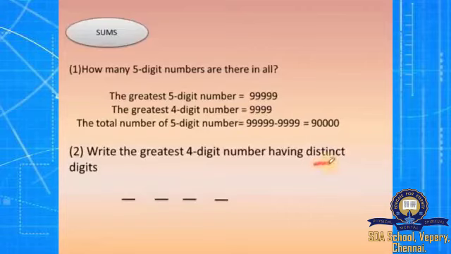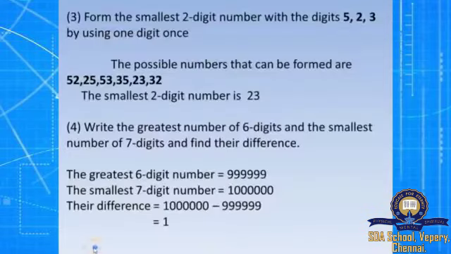It should have distinct digits. Different digits should be there, not the same digit. So the first digit will be 9, and the next digit can be 8, and the next can be 7, and the next can be 6. So the greatest 4-digit number having distinct digits will be 9,876.